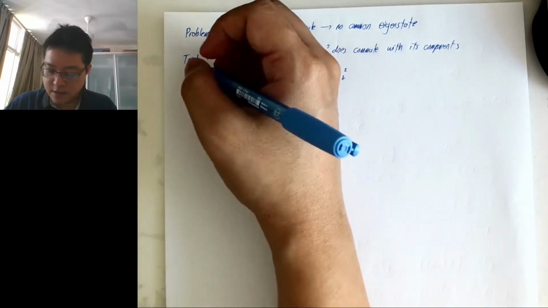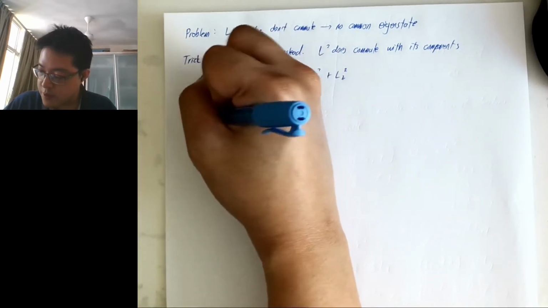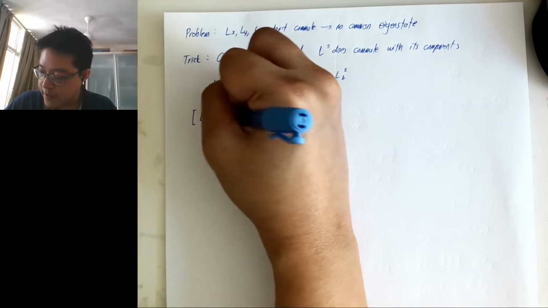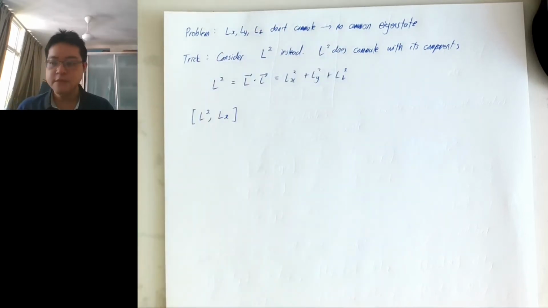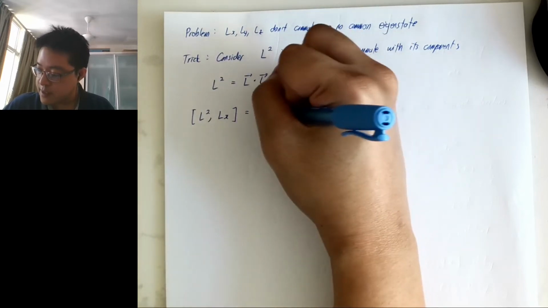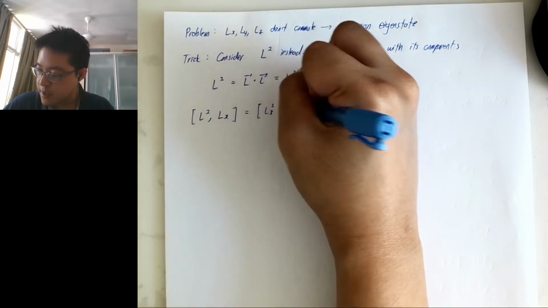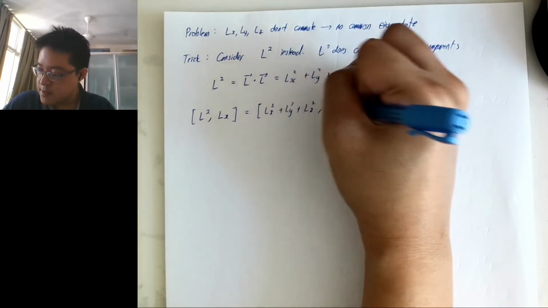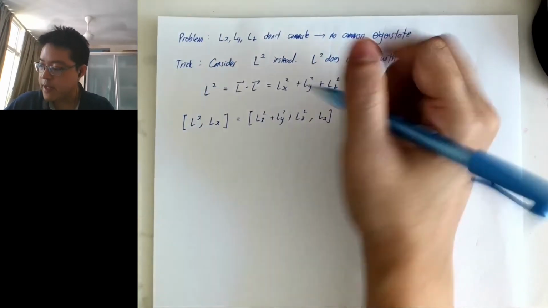Okay, so let us check the commutator between L square and Lx. Let's work it out. This one is basically Lx square plus Ly square plus Lz square, and I want to find the commutator with Lx alone first.